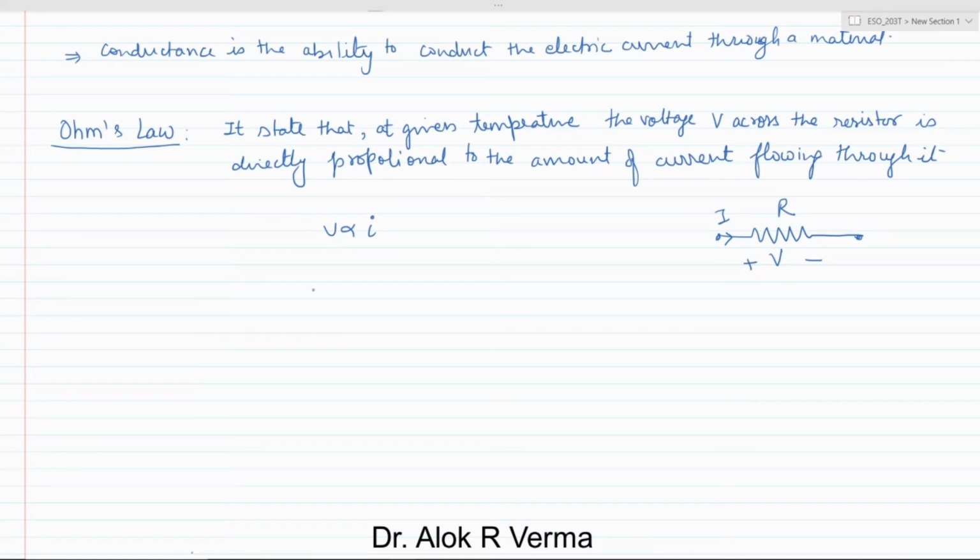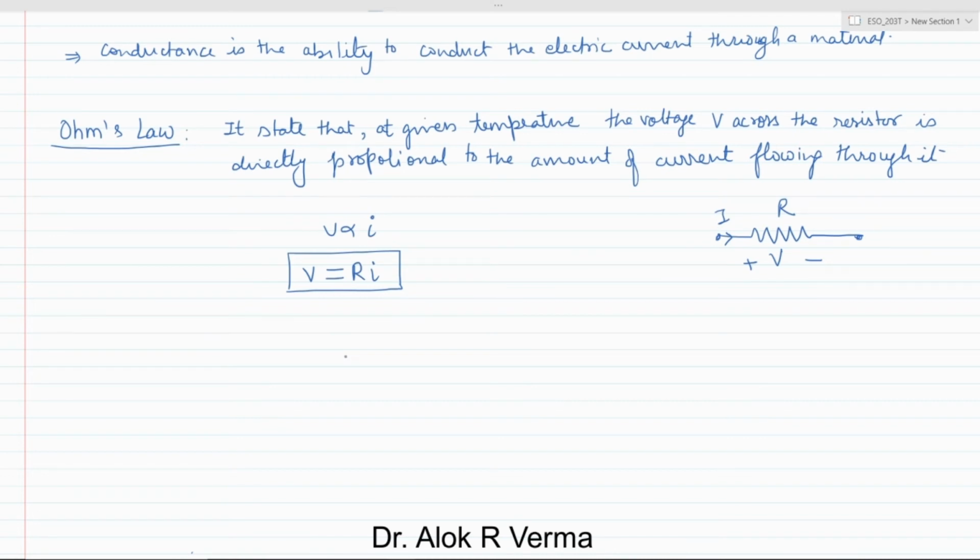For the time being, the constant of proportionality is resistance R. The resistance is a material property which can change if the internal or external conditions of elements are altered. After putting the proportionality constant, this will be equal to I. So V equal to IR.